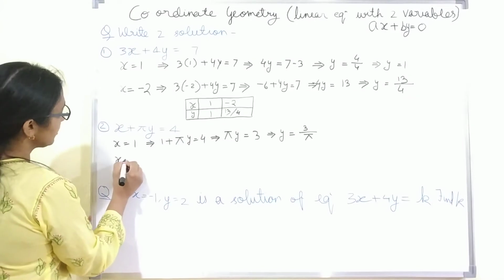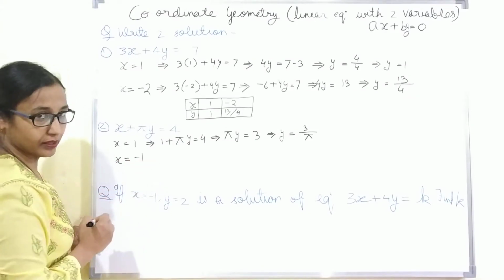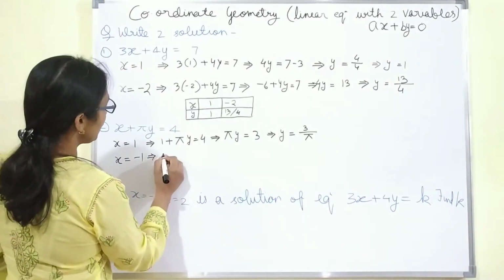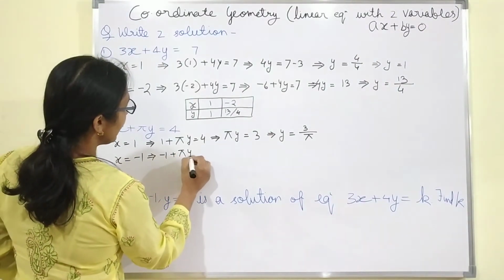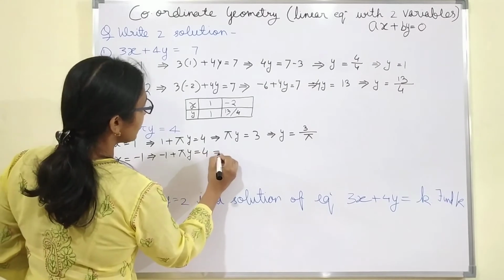Now x equals to minus 1. So minus 1 plus pi y equals to 4.